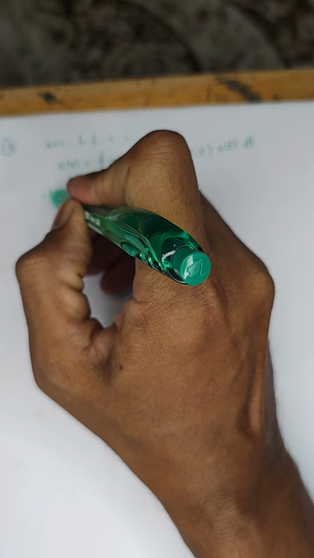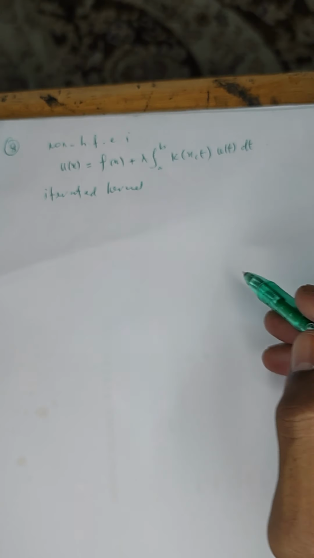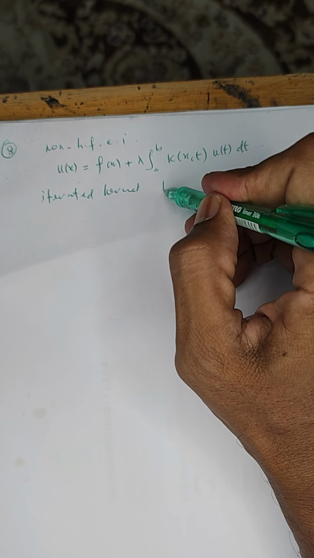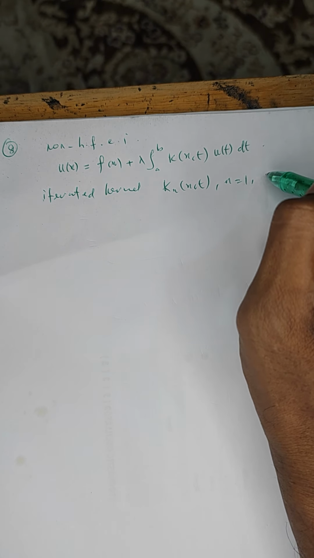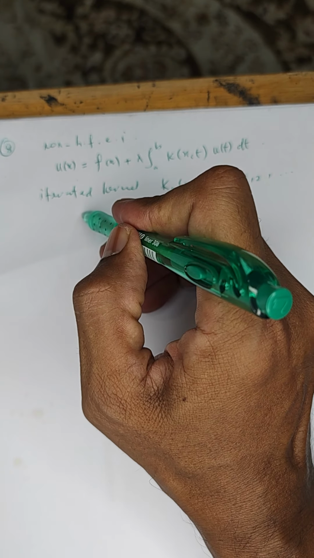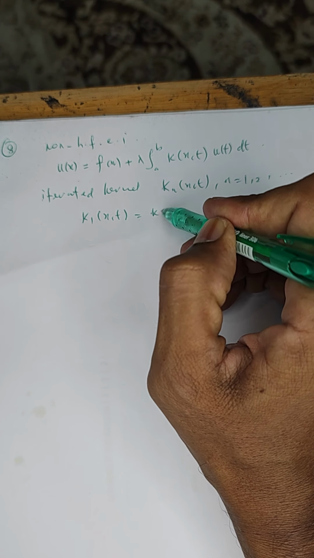So the iterated kernel we define as K_n(x,t) for n = 1, 2 and so on. It is defined as K_1(x,t) = k(x,t).